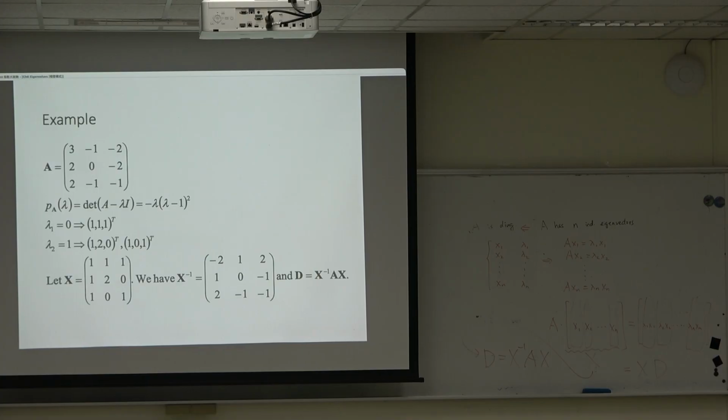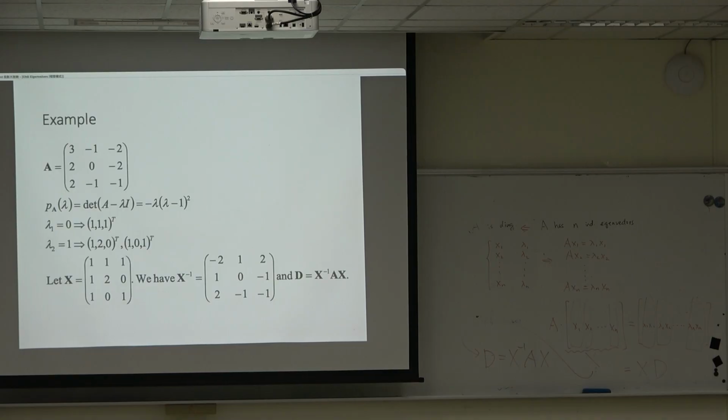But I need some help. For example, this type of computation, I probably just handle those things. Because this computation, you know how to do that, and you can solve this by yourself. The characteristic polynomial, and you get lambda to be 0 and 1, and then you can compute its corresponding eigenvectors.